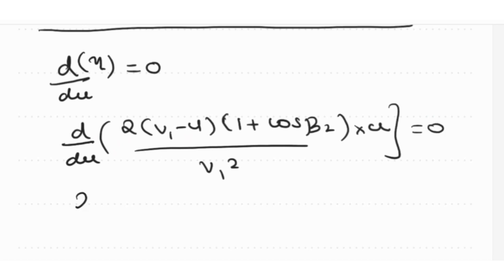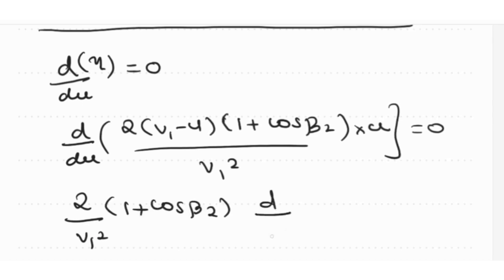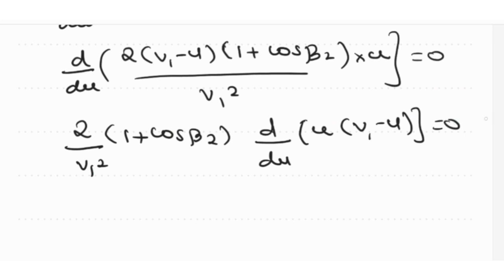So 2 into V1 square is constant, 1 plus cos beta 2 is constant, into d by du of U into (V1 minus U). If you take all these things to the other side, that will be equal to 0. Differentiation of this thing with respect to u, that is d by du of U into (V1 minus U), should be equal to 0.